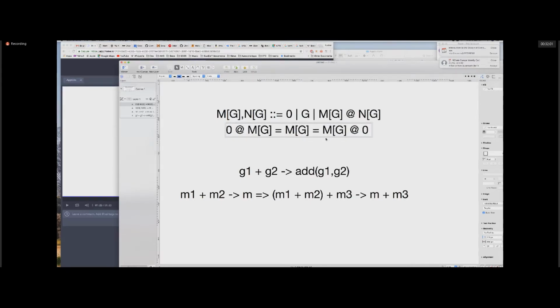And then we have the other equation. Now I need instances, so I'm going to write it slightly differently: m1 at m2 at m3 equal to m1 at m2 at m3.